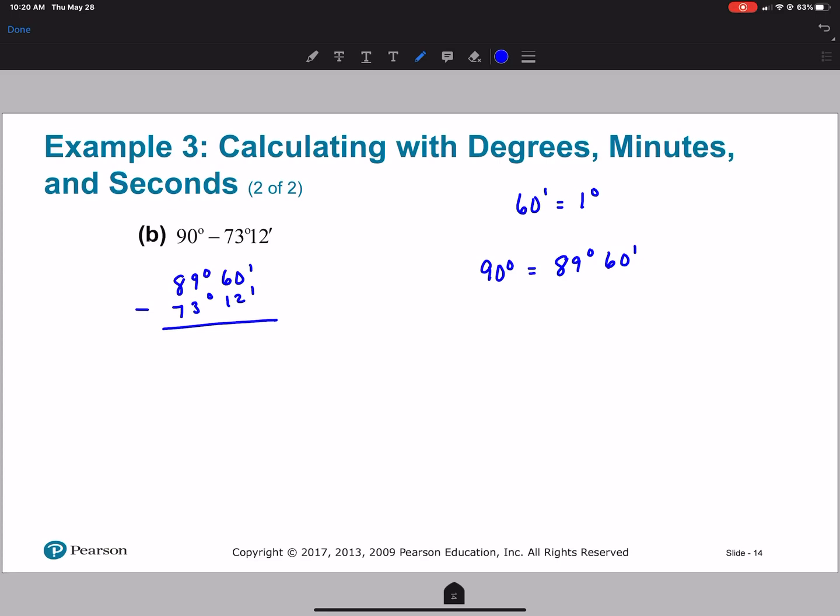And when we subtract them, we're going to get what? We will get 48 minutes. And then in our degrees, we get 16. So our answer would be 16 degrees and 48 minutes. Just wanted to give you a variety of these things so you can remember what you're actually doing.